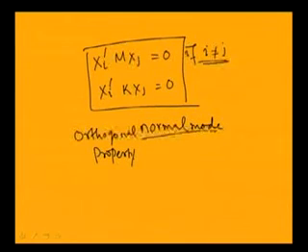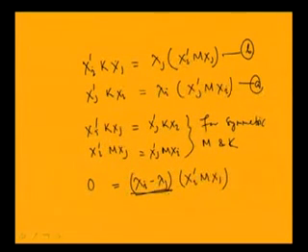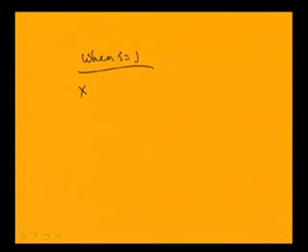When i equal to j, this part equals 0, so it satisfies this equation. So, x_i' m x_j will be equal to x_i' m x_i and x_i' k x_j equal to x_i' k x_i.